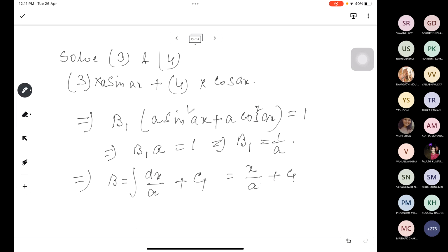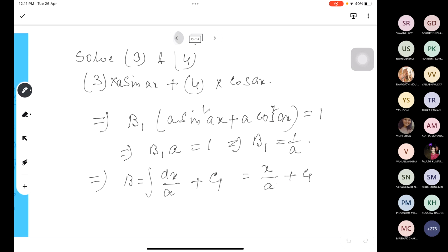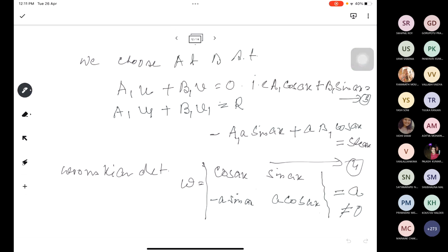Okay. Now putting the value of B1 in equation 3.